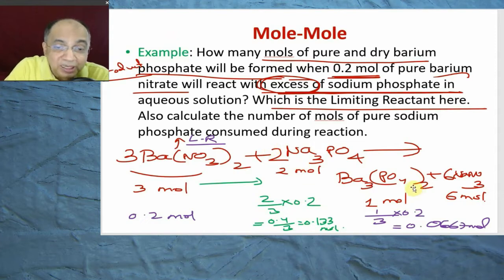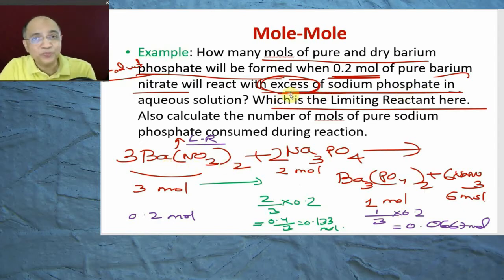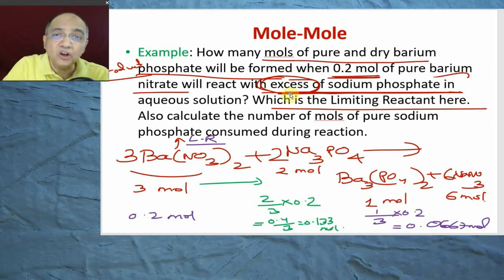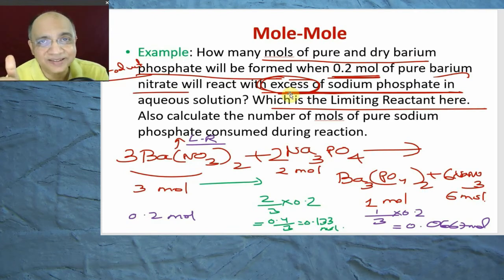Now, obviously, the limiting reactant is barium nitrate because the question says that sodium phosphate is taken in excess. I told you that in almost all stoichiometric problems, you have to take one reactant in excess, so that the limiting reactant, the one present in smaller amount, will be exhausted. And all calculation will be based on that limiting reactant.